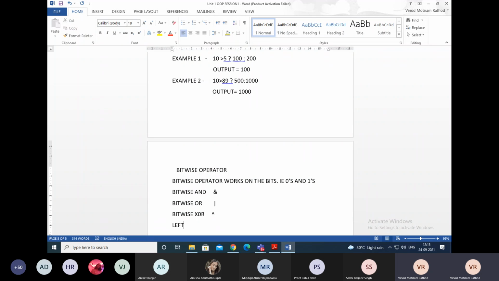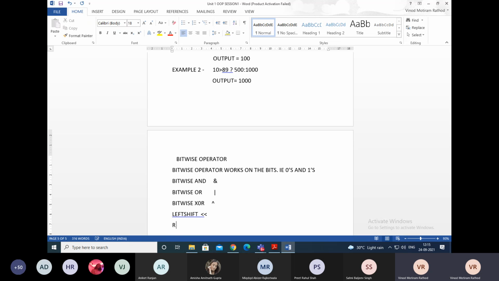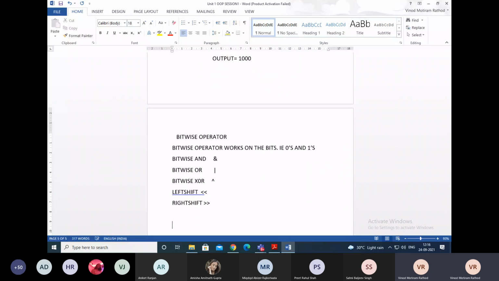Left shift, and right shift. These are some of the bitwise operators. Let us understand with an example, so that it will be more clear.